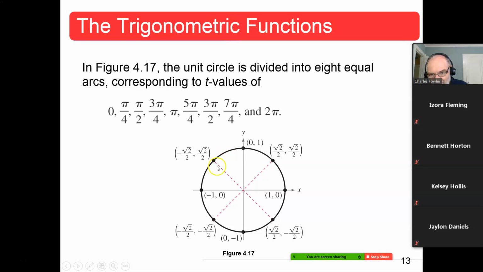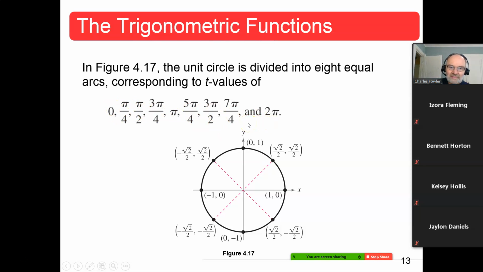Halfway around is pi. A quarter way around is pi halves, and half of that would be pi fourths. So here's 0, pi fourths, pi halves, 3/4 pi, pi, 5/4 pi, 3 halves pi, 7/4 pi, and then 2 pi. Those are these angles here.